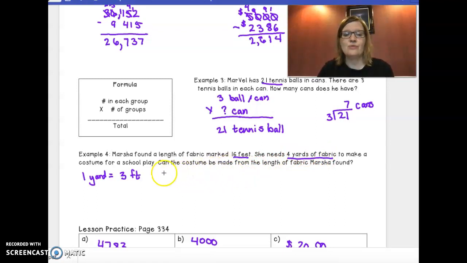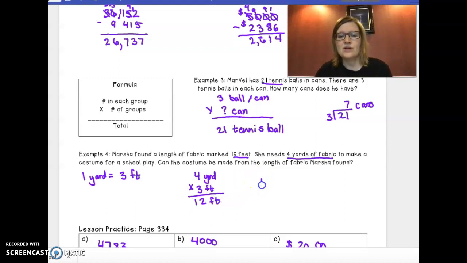So let's say she needs 4 yards of fabric, and we know that there are 3 feet in every yard. So we multiply this. 4 times 3 is 12 feet. So she needs 12 feet of fabric.